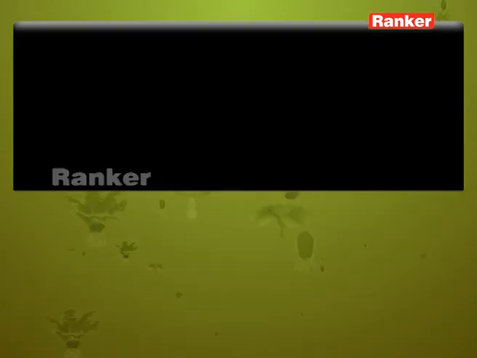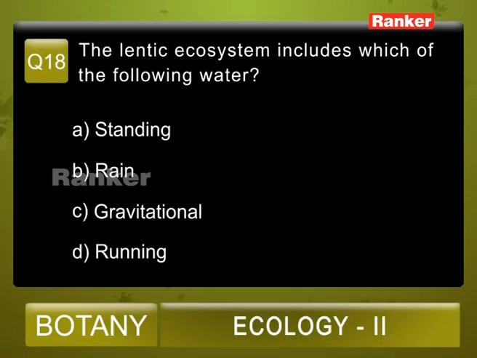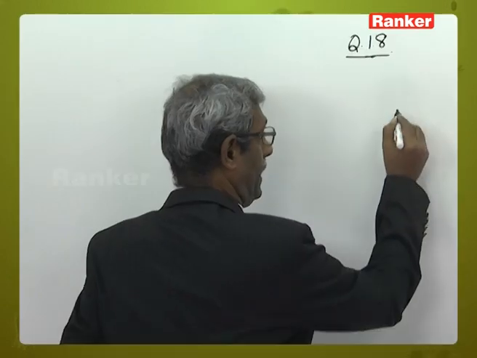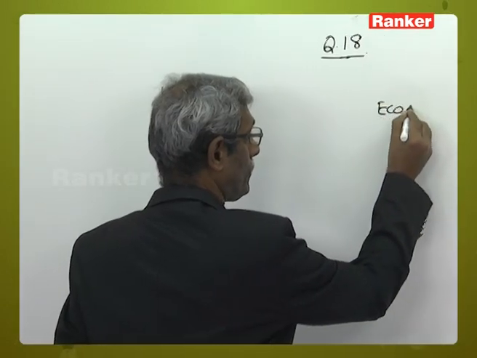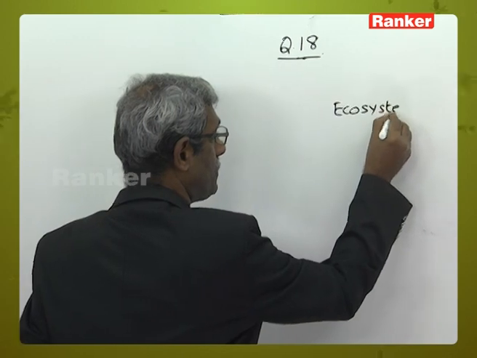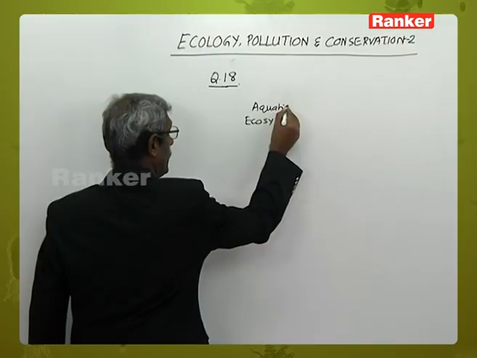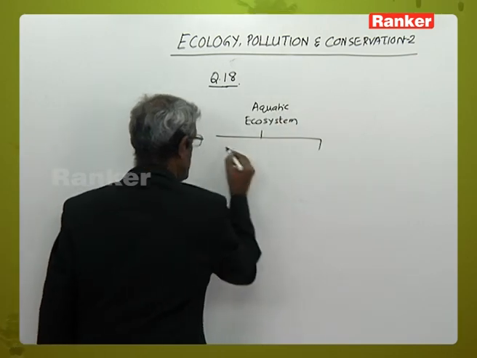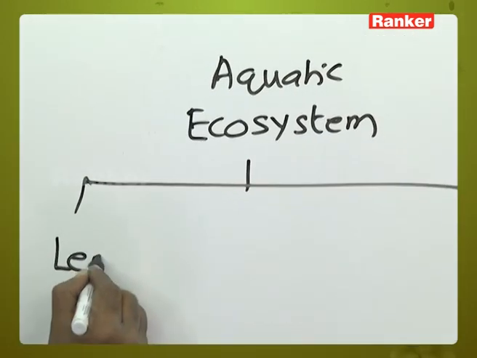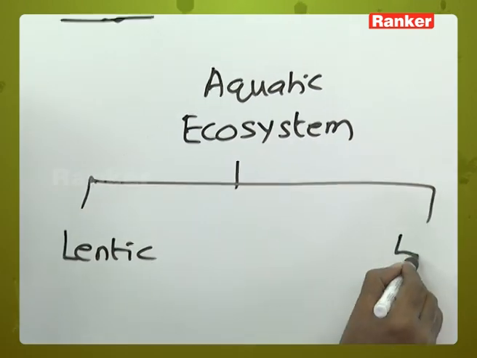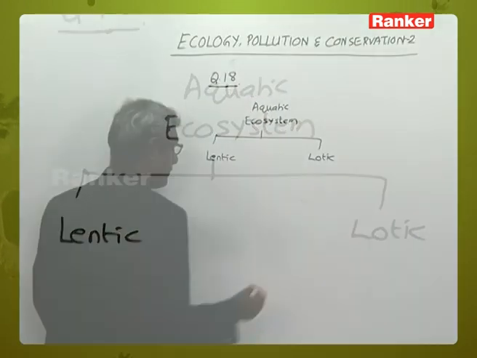Question number 18. The lentic ecosystem includes which of the following water? A. Standing water, B. Rain, C. Gravitational water, D. Running water. When you take an ecosystem, ecosystems which are aquatic can be categorized into two types. We have lentic ecosystems as well as lotic ecosystems.